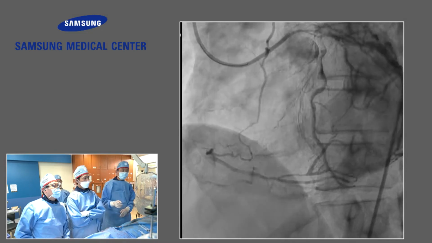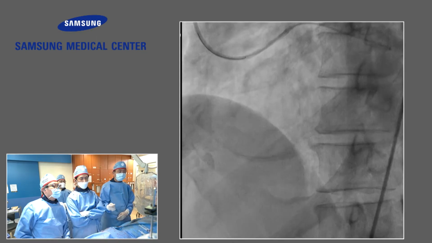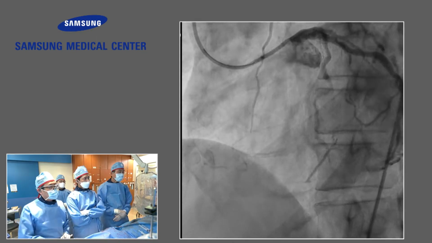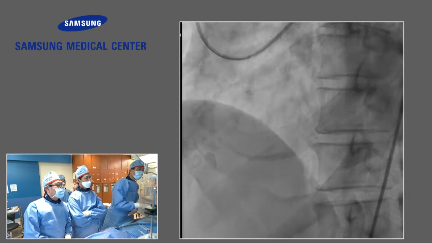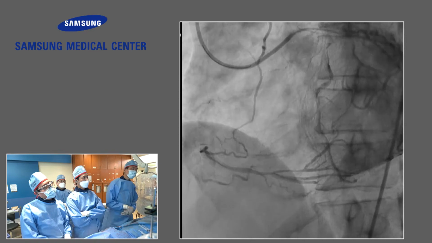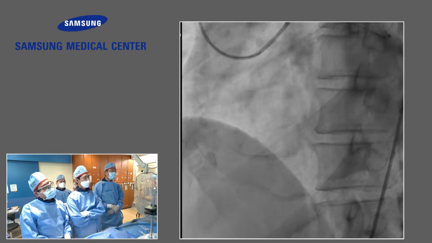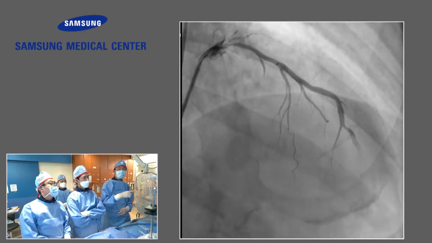Not the circumflex. There is a kind of long vessel coming down from the circumflex. That's the atrial circumflex, I think.